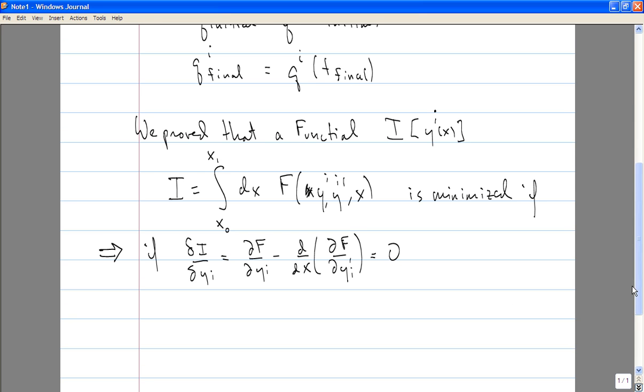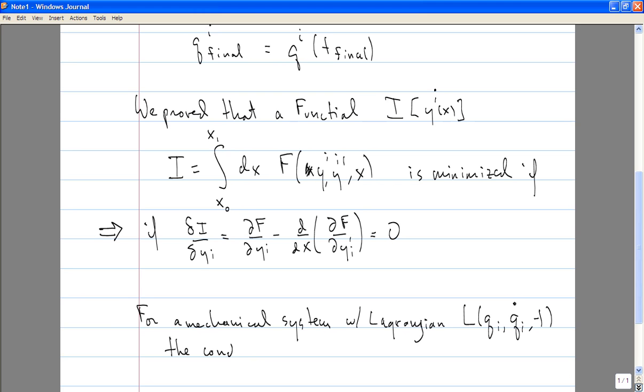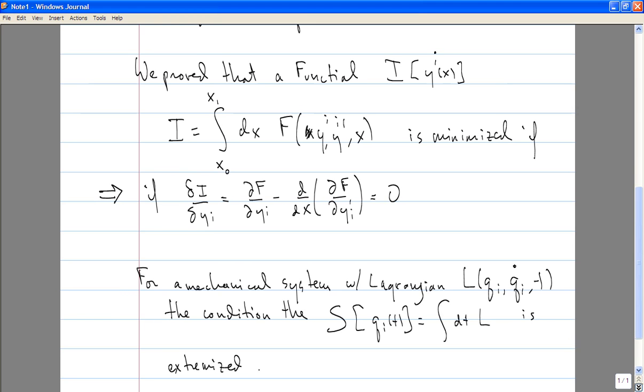So what we conclude is that for a mechanical system with Lagrangian L, that is a function of the q_i, q_i dots, and time, then the condition that the action, which is the integral of the Lagrangian, is extremized is just found by taking that previous equation, and everywhere I wrote I, replacing that with S. Everywhere I wrote y, I replaced that with q. Everywhere I wrote x, I replaced that with t.